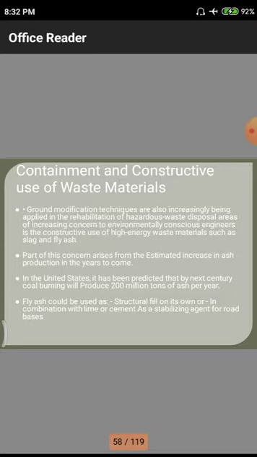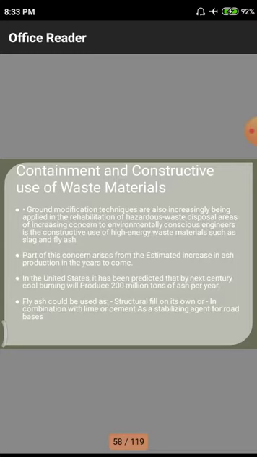Next one we are having is that part of this concern arises from the estimated increase in ash production in the years to come. That means in future years we won't have to use this coal. Why? Because nowadays we are observing that in a lot of countries they are directly using solar power for the generation of normal currents and others, so that after 10 to 20 years there may be a complete shutdown of thermal power plants.